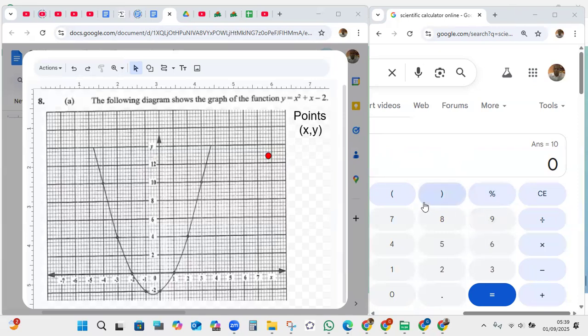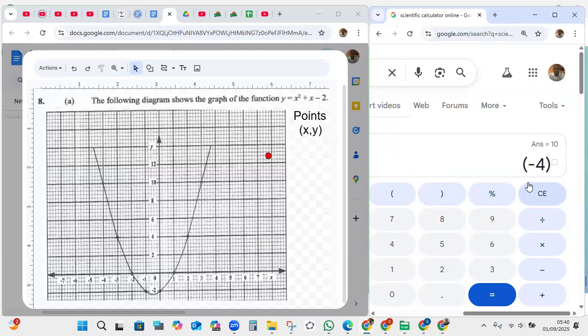So it is good to use brackets when you are substituting into a function. So you open a bracket and you put -4. You close the bracket and you raise -4 to 2, or you square -4.